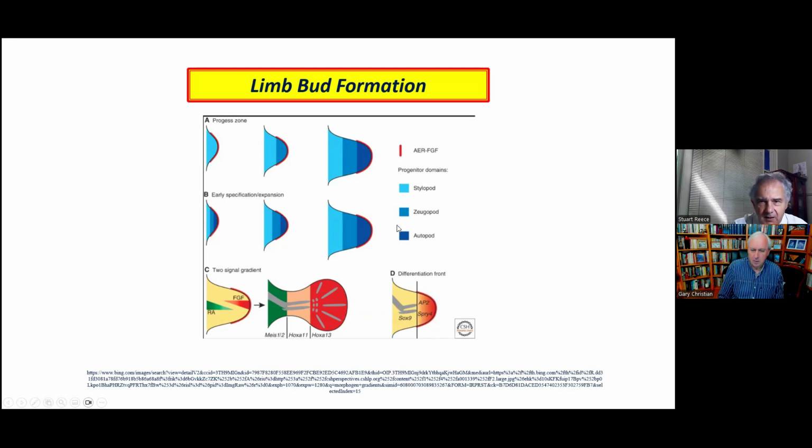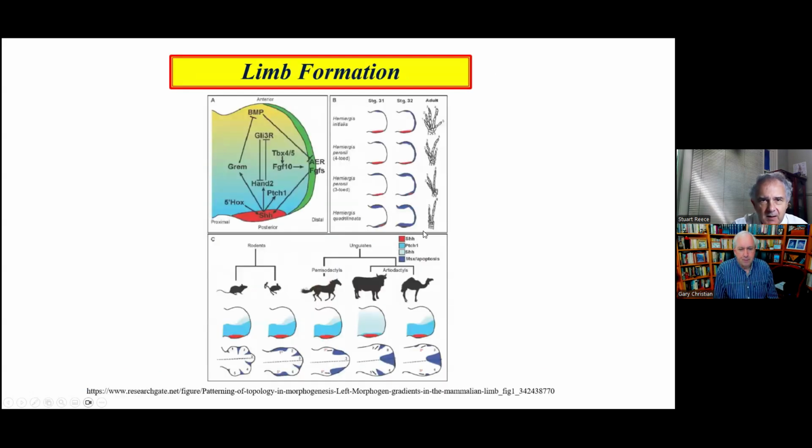And these are some of the key genes, and these are some of the different parts of limb development. And this is the same thing in more detail, and this is different kinds of foot or hoof or limb for these different animals, as you can see.